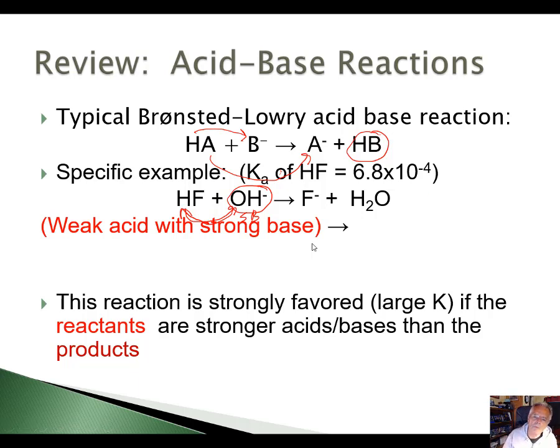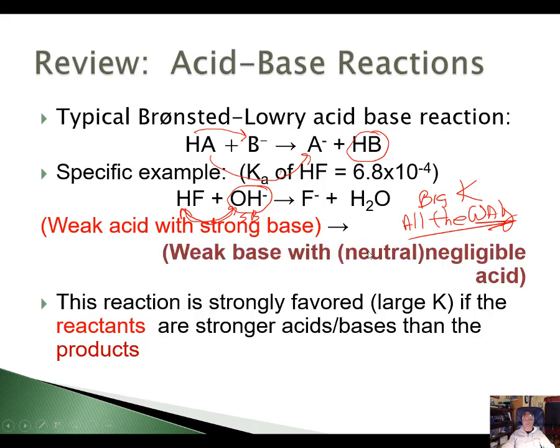This is going to be a big K reaction. And what we say about big K reactions is they go all the way. Big K, all the way to products. So weak acid with a strong base will make a weak base.